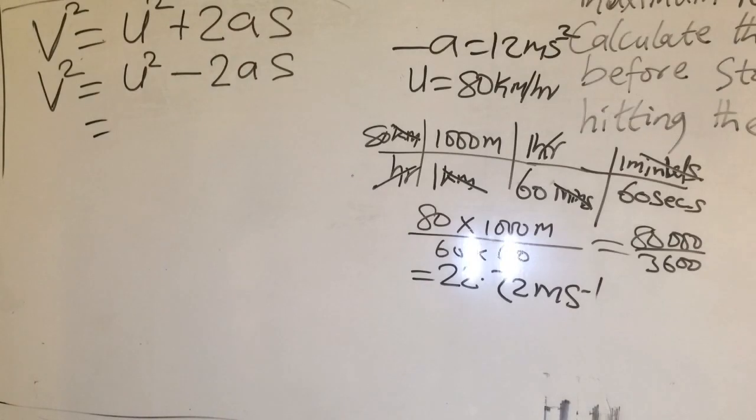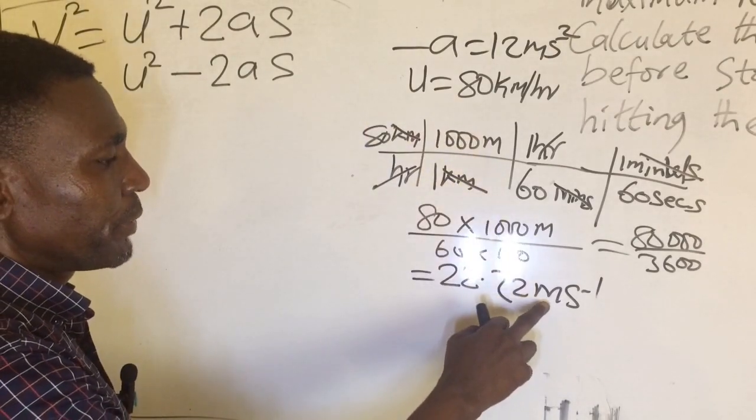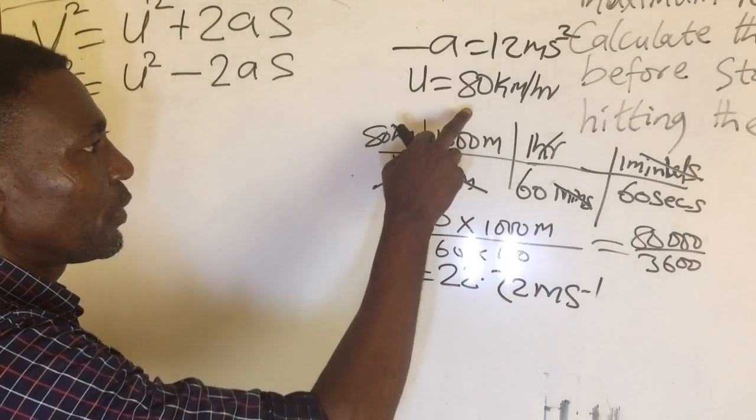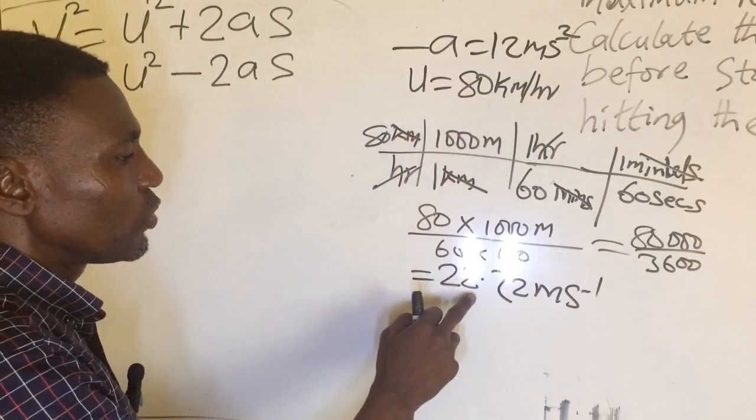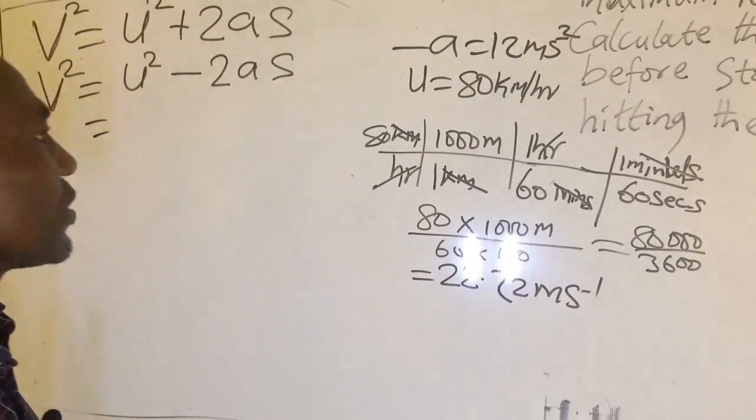So we have now converted our initial velocity from 80 kilometers per hour to 22.22 meters per second. Now let's go and solve.